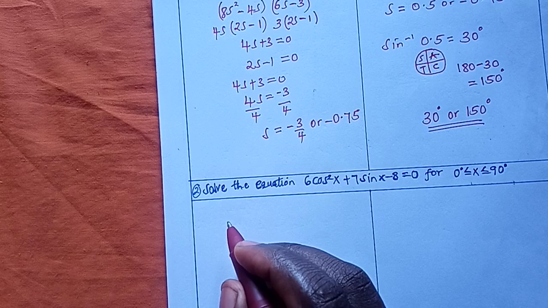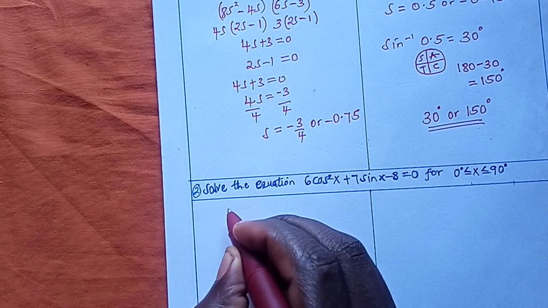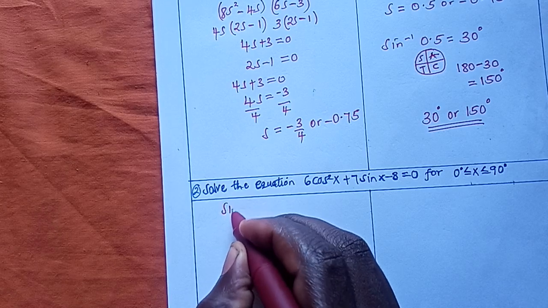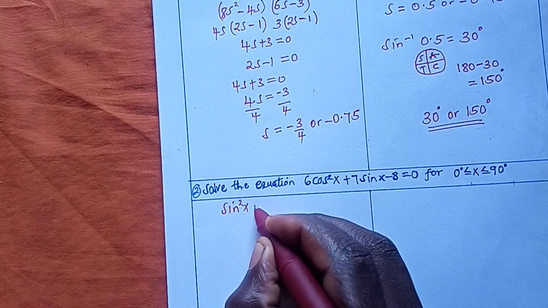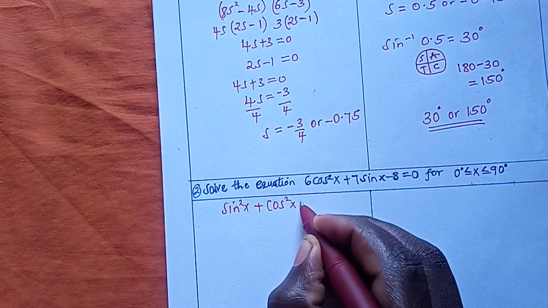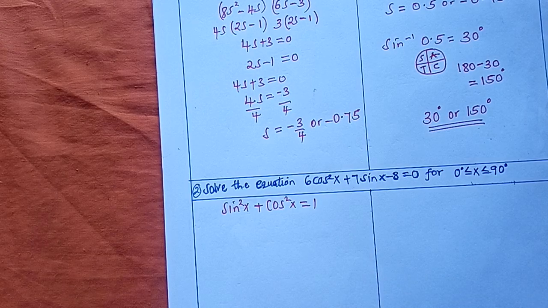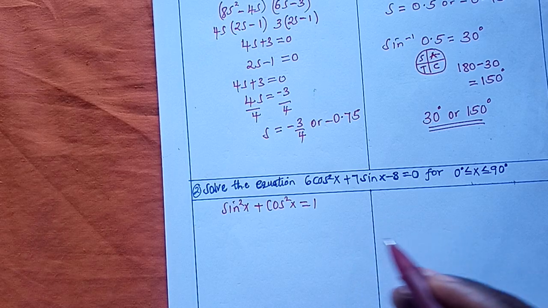Now, there is something that is very important here, which says that sine squared x plus cos squared x is equal to 1. A very important formula that we need to consider in this equation.